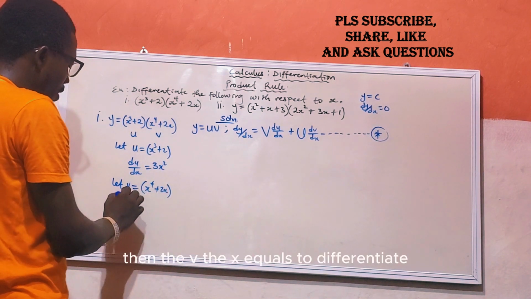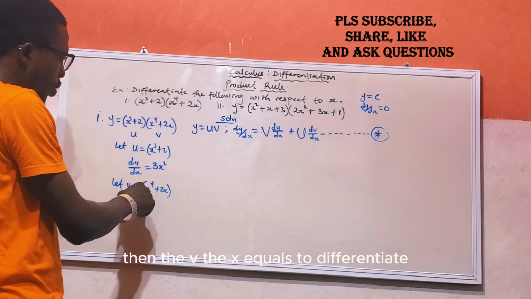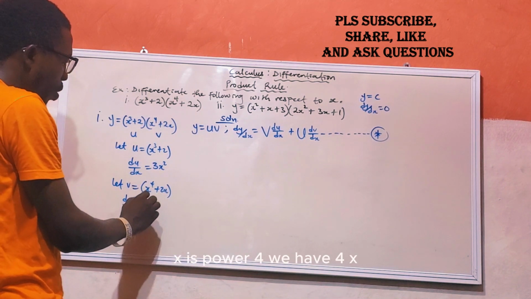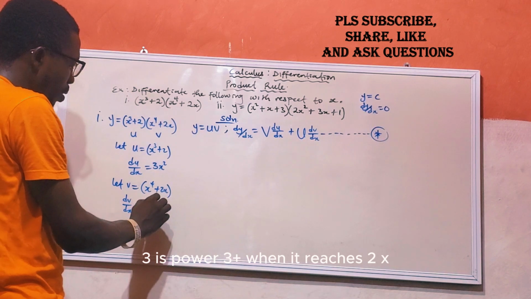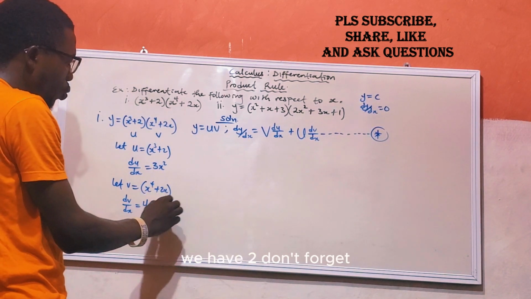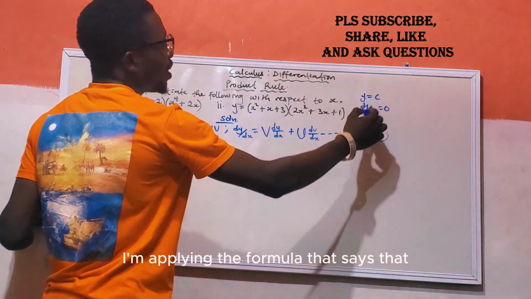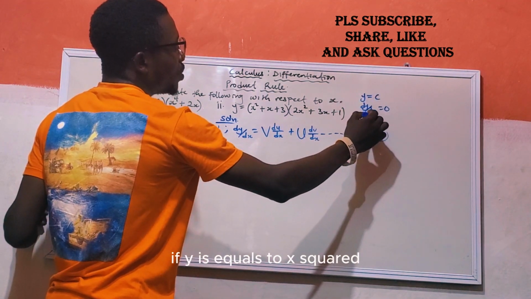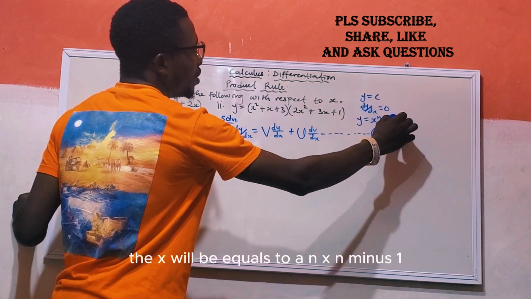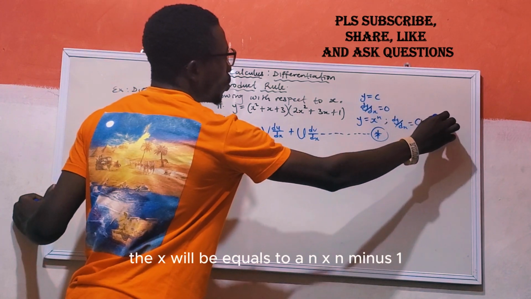Again, we can now say let v equal x to the power 4 plus 2x. Then dv/dx: differentiate x to the power 4, we have 4x to the power 3, plus, when we differentiate 2x, we have 2. Don't forget, I'm applying the formula that if y equals x to the power n, then dy/dx equals n x to the power n minus 1.